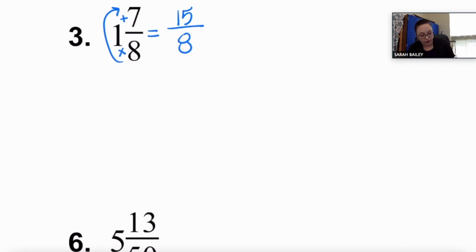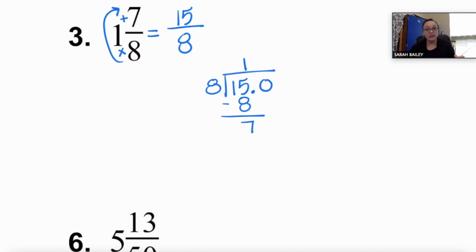So then I'm going to divide. So that means 15 divided by 8. So 8 will go into 15 one time. Okay, 1 times 8 is 8, and you have 7 left over. So you want to keep going till you get a remainder of 0 or until you get some sort of repeating pattern here. So 15 is equivalent to 15.0.